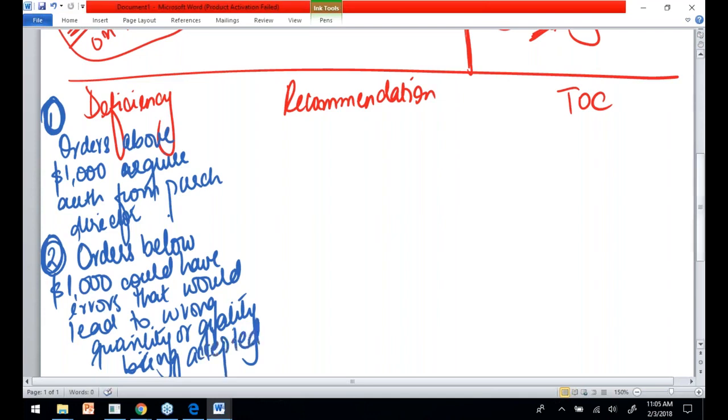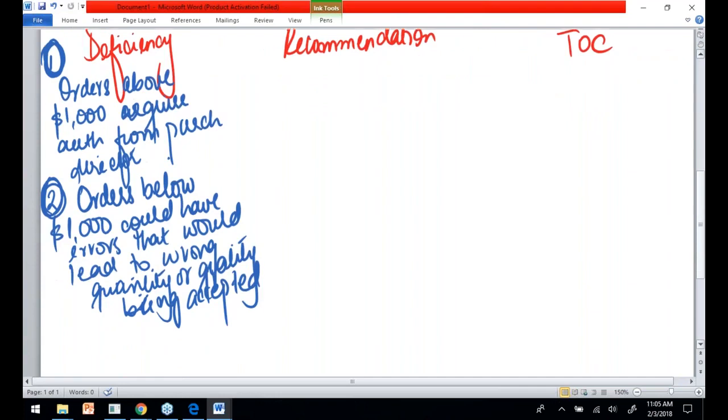You could write more than one line in order to mention the impact on the business, and that's fine. I said minimum one line. You can write more than one line to actually discuss the impact on the business.